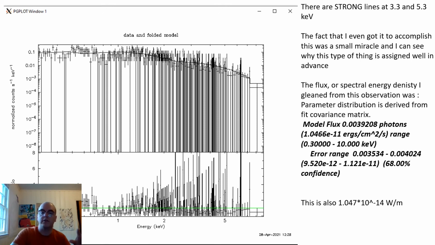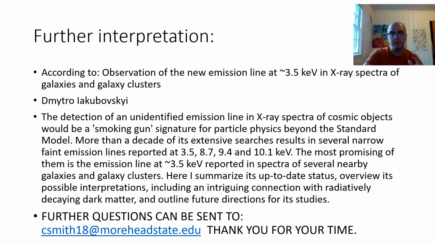So in 2014, they took this data, and it wasn't analyzed according to the Swift archive until 2018. But in 2015, there was a paper published about observations of the new emission lines at about 3.5 in the X-ray spectra, which is exactly what I saw.